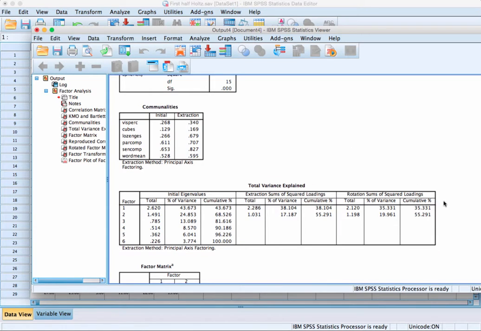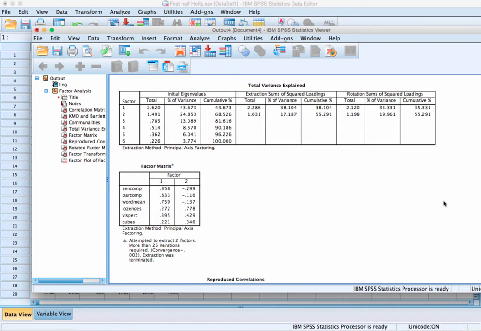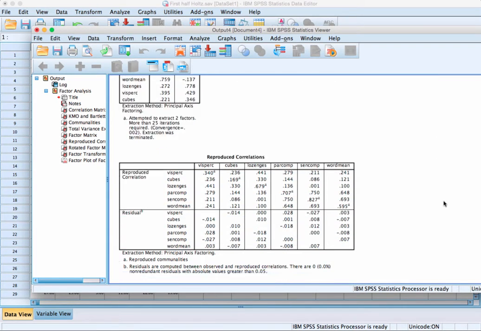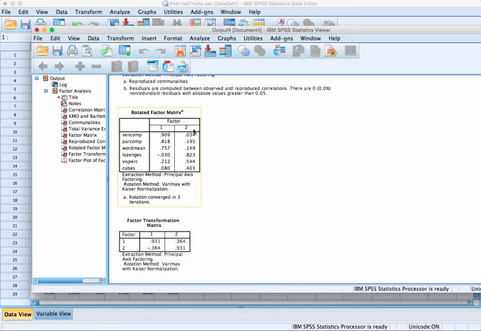But nevertheless, now we've identified, based on our rotated factor matrix, a verbal factor and a spatial or abstract reasoning factor.